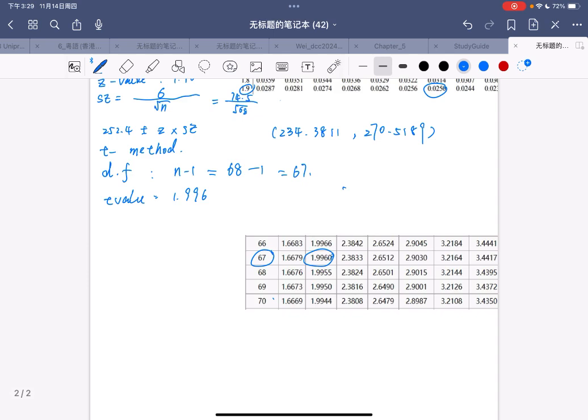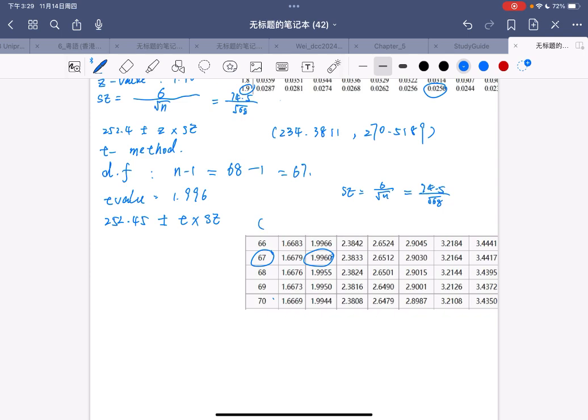Then we need to calculate the standard error. The standard error is the same: the sample standard deviation divided by the square root of n, 74.5 divided by the square root of 68. Finally, we calculate the confidence interval using the sample mean 252.45 minus and plus the T value times the standard error.